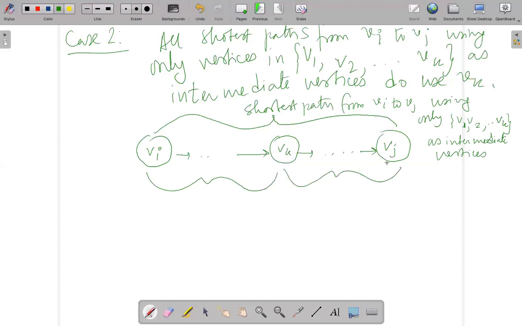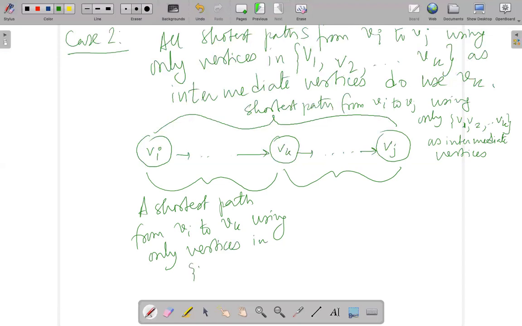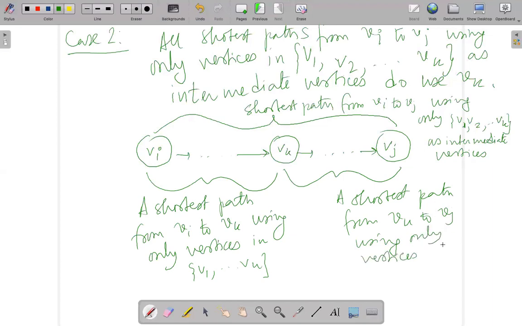This shortest path has two sub-shortest paths. Now you see, this has to happen.